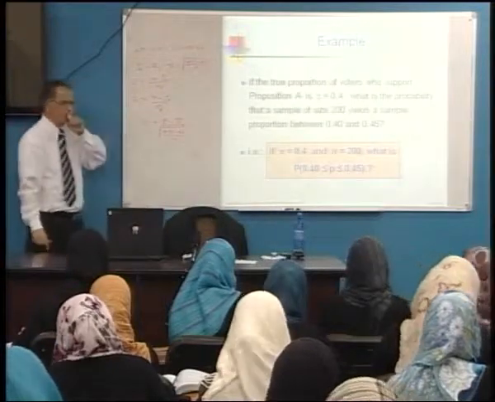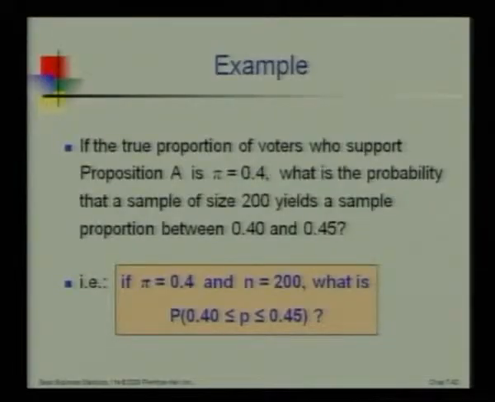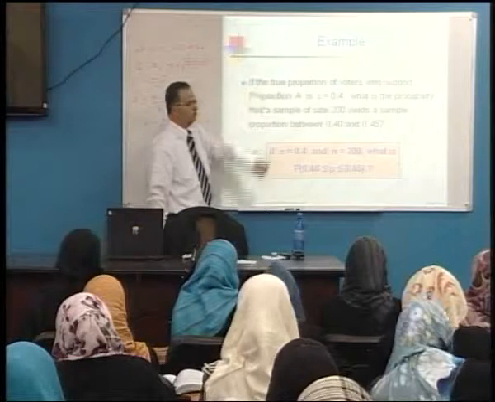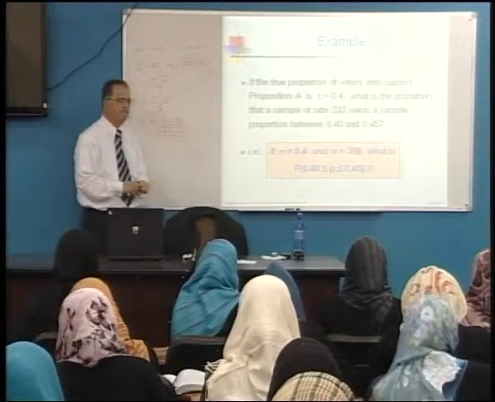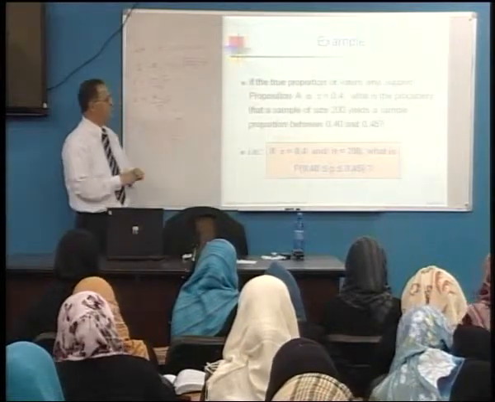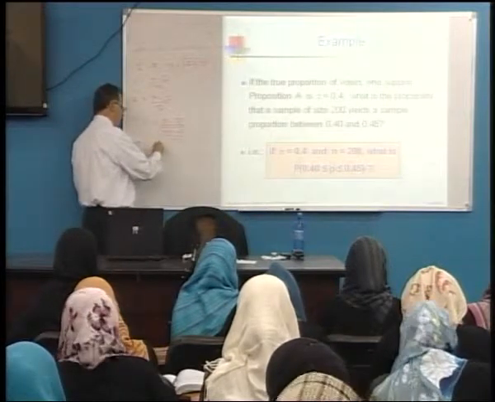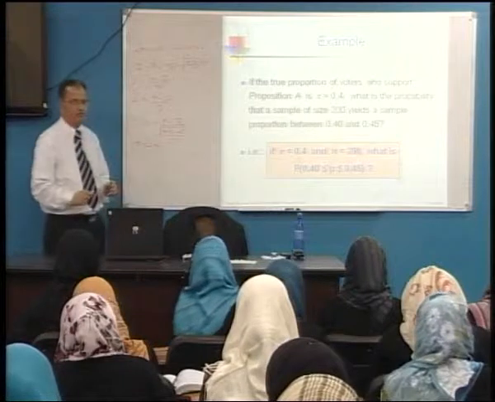Now let's do one example. The example says that if the true proportion of voters who support proposition A is 40%, so in this case, pi is 40%.